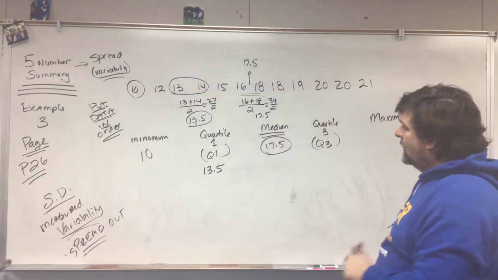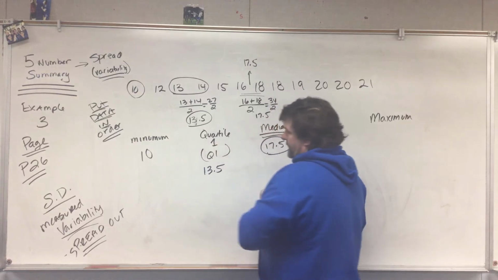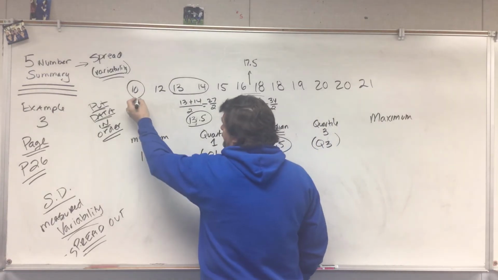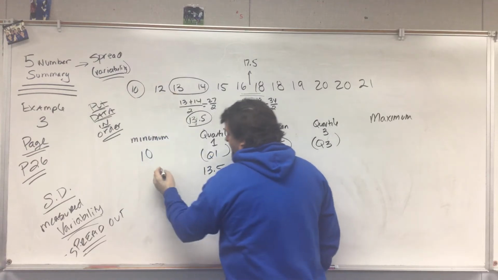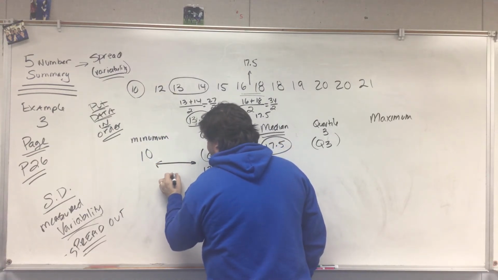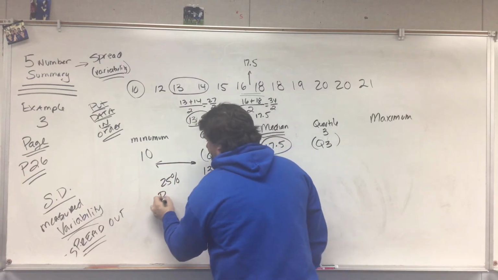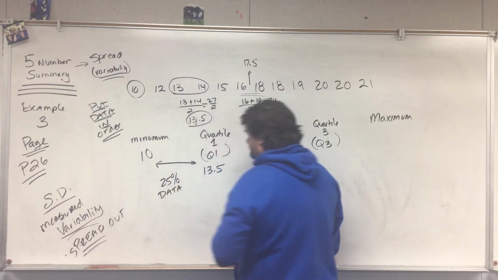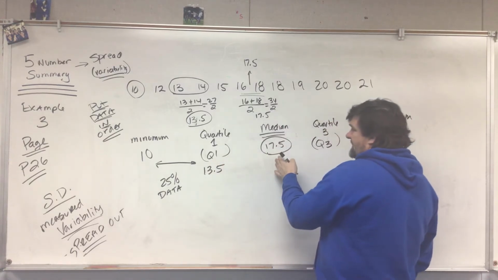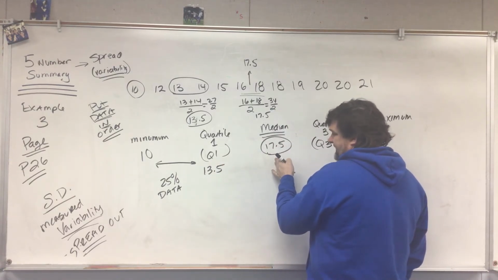Okay? Quartile means quarter. So what we're saying is that from 10 to 13.5, there's 25% of the data. And since it's a quarter here and it's the median in the middle, this is 50%.